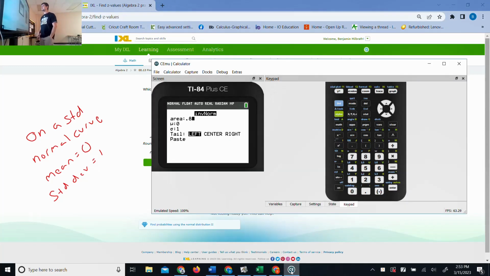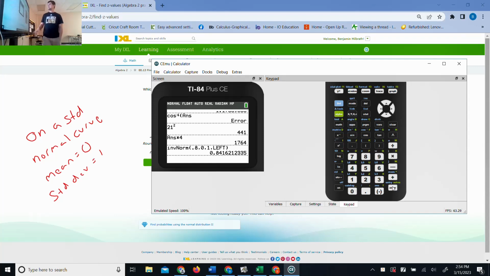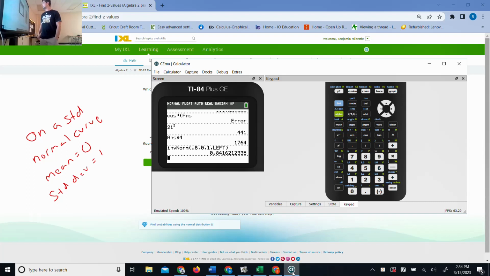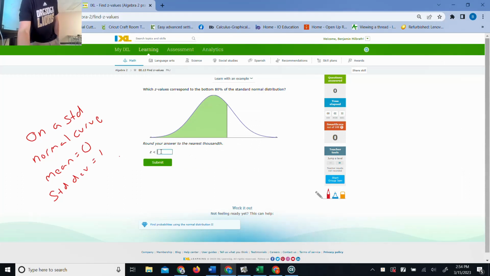This tail here was the bottom, or the left side. And there you go. How do they want us to round? Nearest thousandth. So I'd be typing in 0.842, and I'd be getting it right.